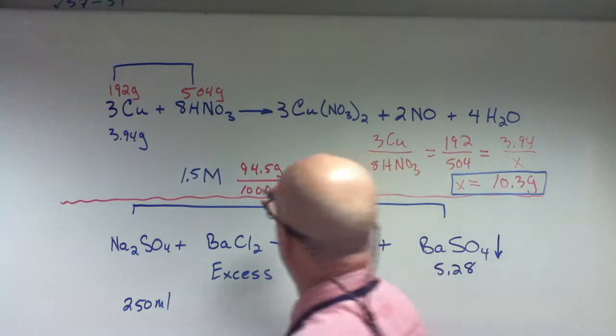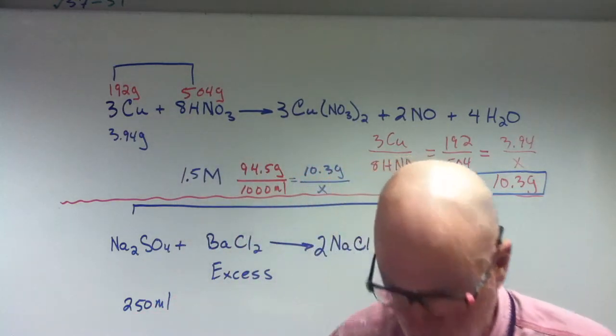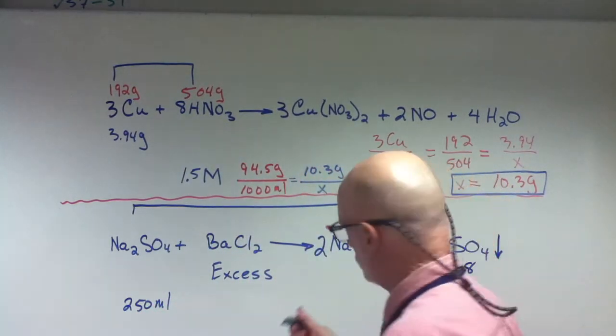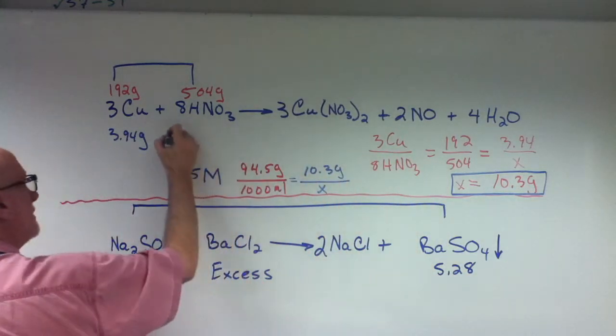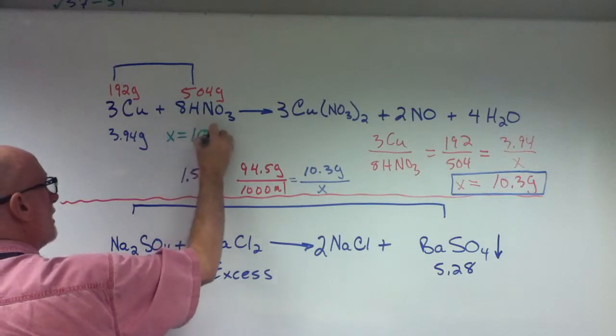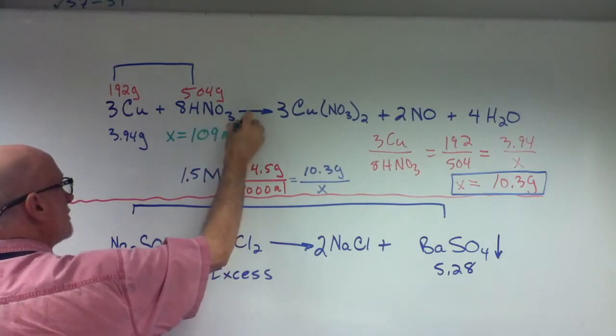So it's going to be 109. Let's use green. So it'll be X equals 109 milliliters.